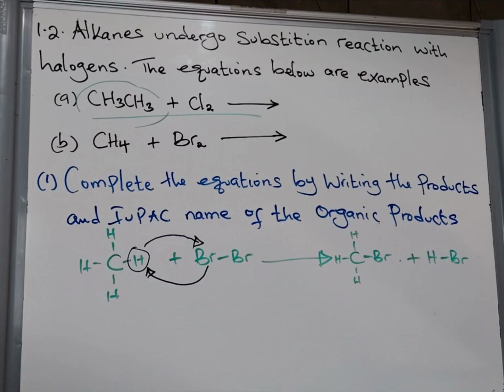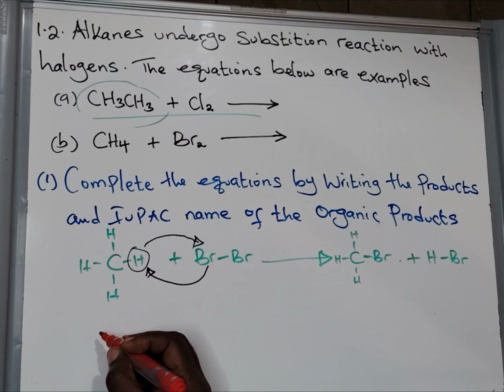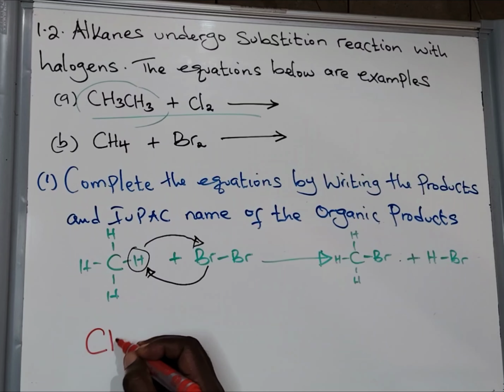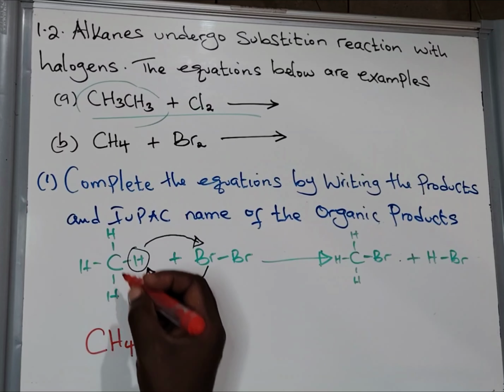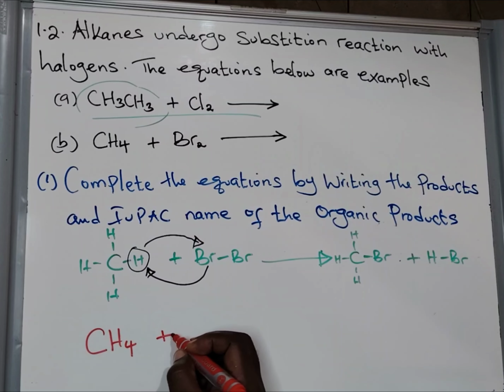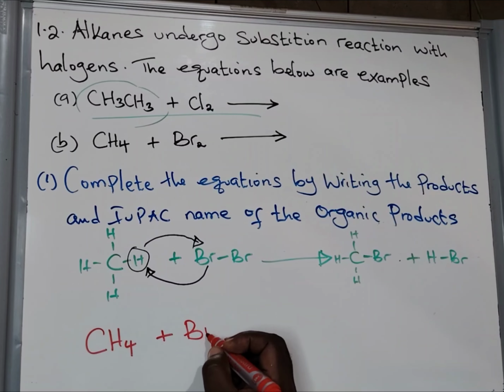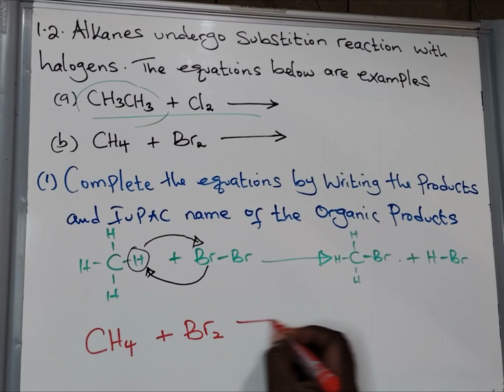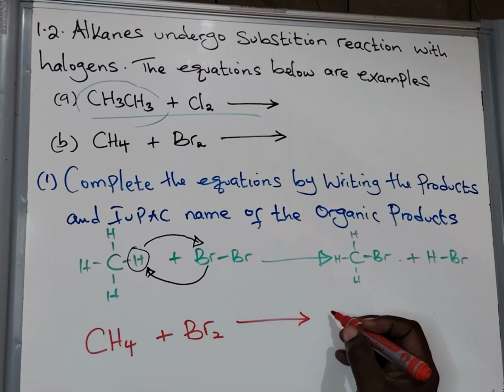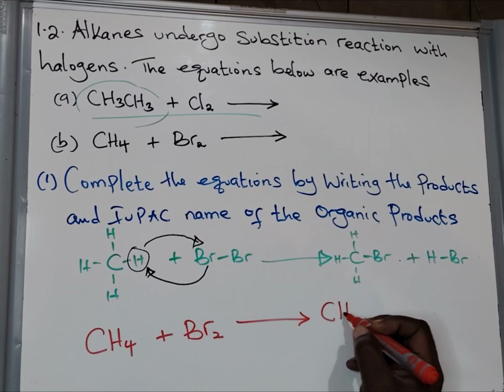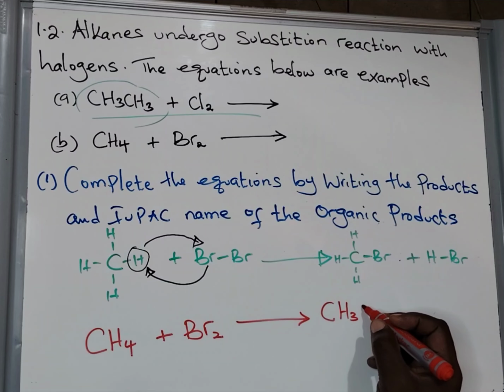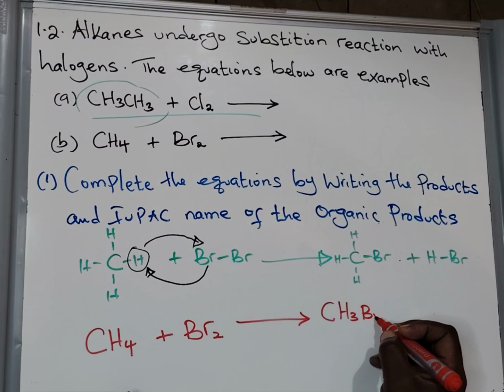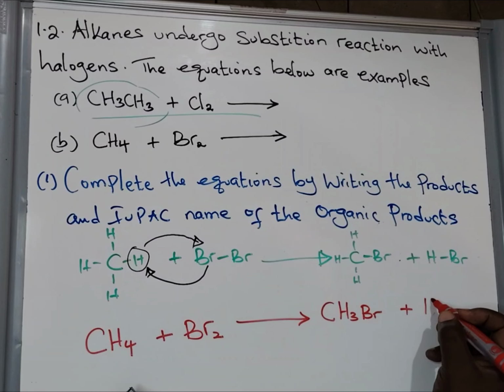So when you come to write the condensed structure, what are we going to have? We are going to have CH4 for that methane plus bromine gas, giving you CH3Br plus HBr.